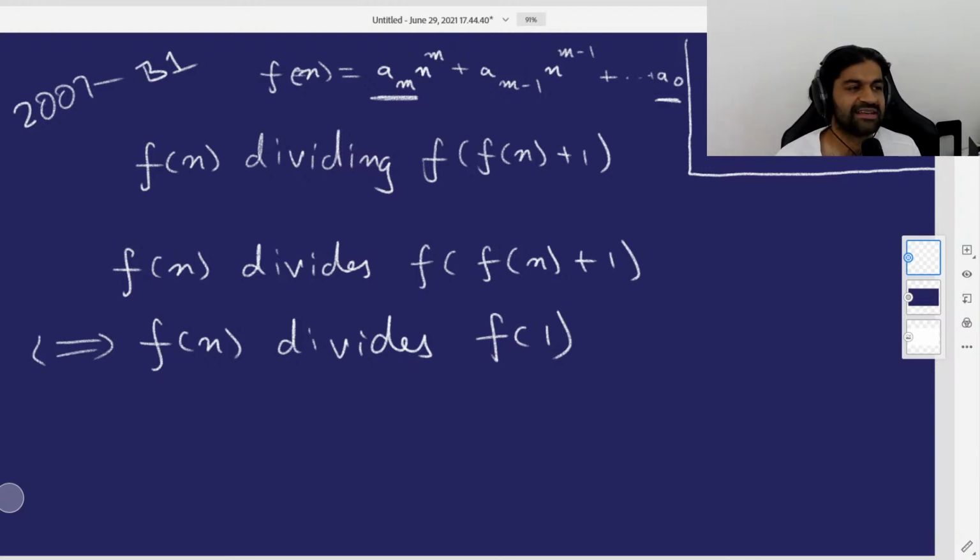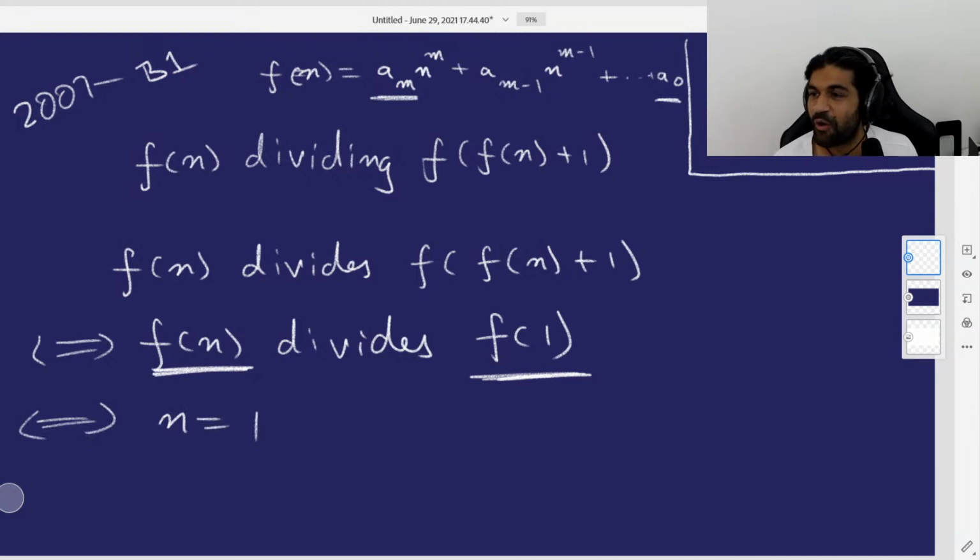In other words, f of n divides this number if and only if f of n divides this number. Right? But notice f of 1 is going to be less than f of n unless n is equal to 1. So the only way that f of n can divide f of 1 is if n is equal to 1. And that's it.